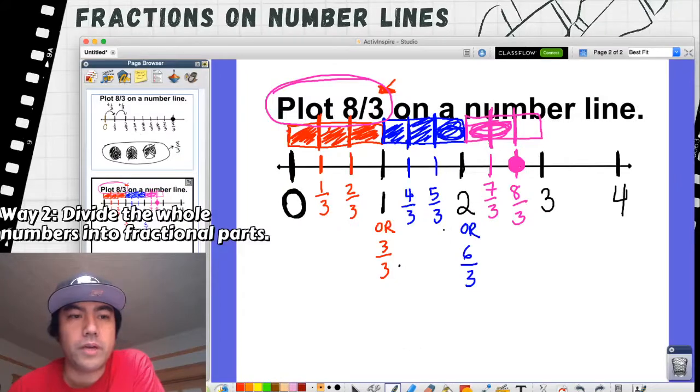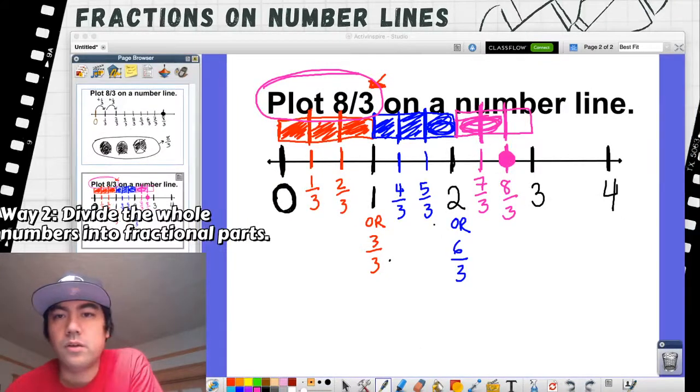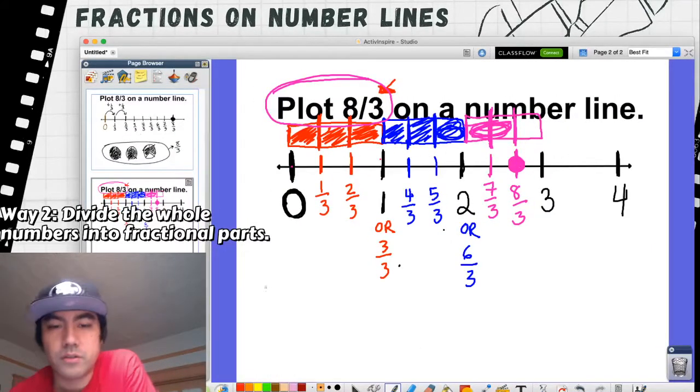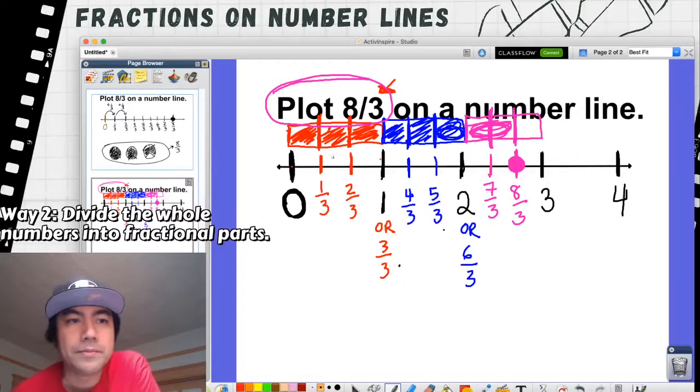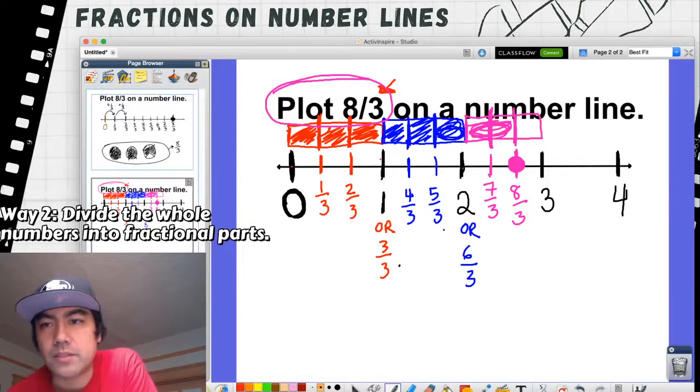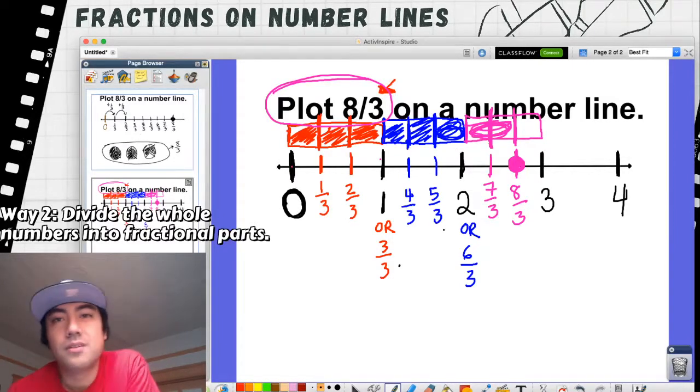But then the other way was taking whole numbers, starting with the whole numbers first. So you notice how I started with 0, 1, 2, 3, and 4. And then after that, I just decided to cut it into thirds. Okay? So there's other ways to do this problem. I just showed you 2 ways.